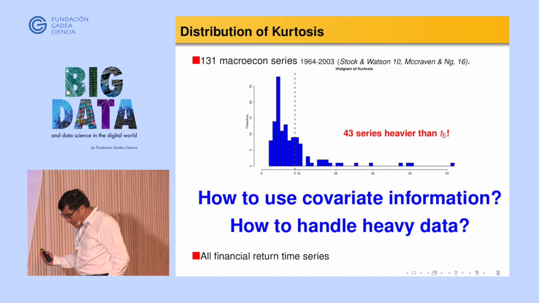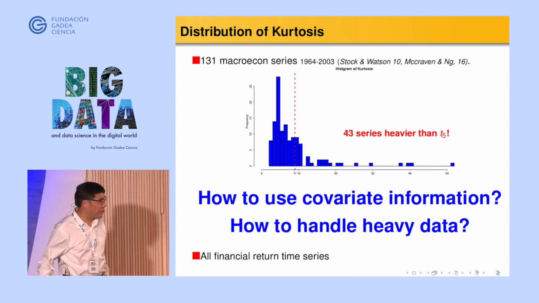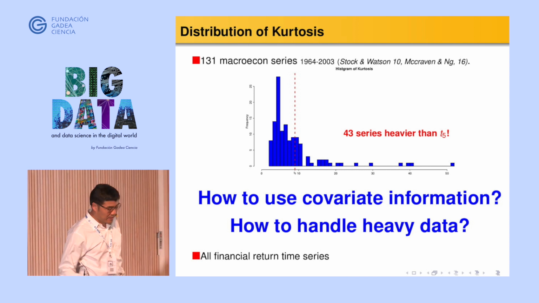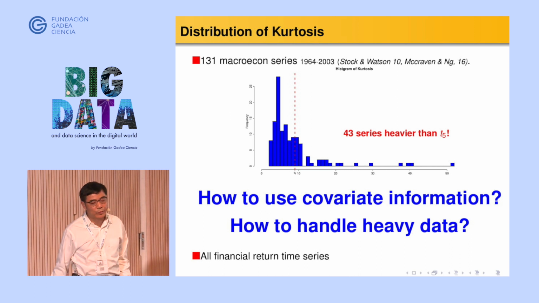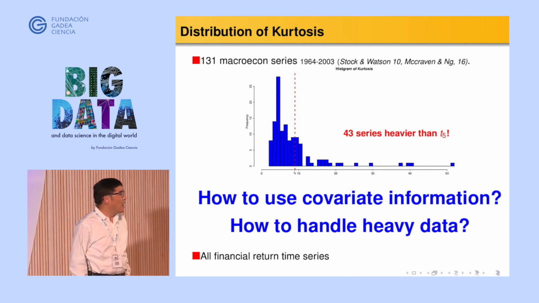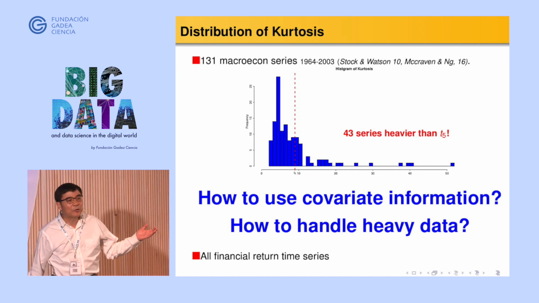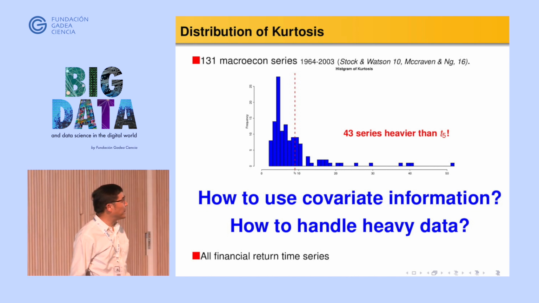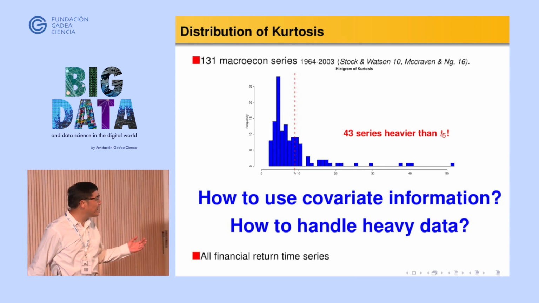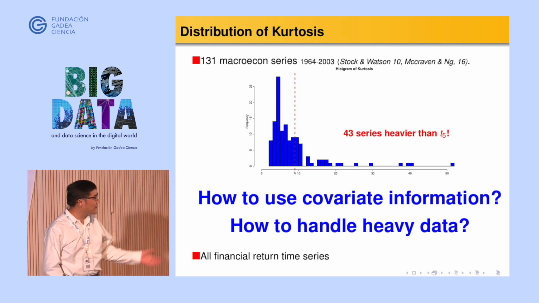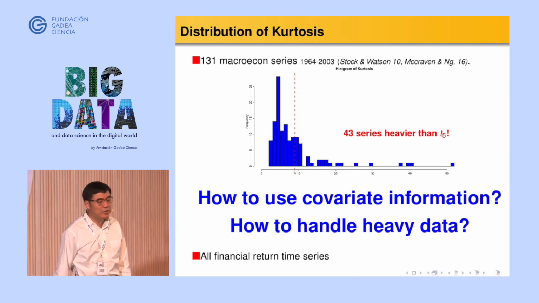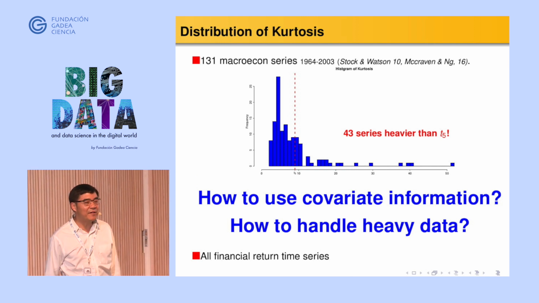There are 43, a third of those, that have a heavier tail than a t-distribution with 5 degrees of freedom. And this heavy tail is evident. Some of those even have kurtosis around 40 or 50. And as you know, a standard feature in financial time series is their heavy tail.